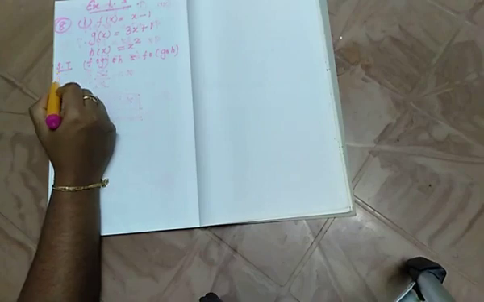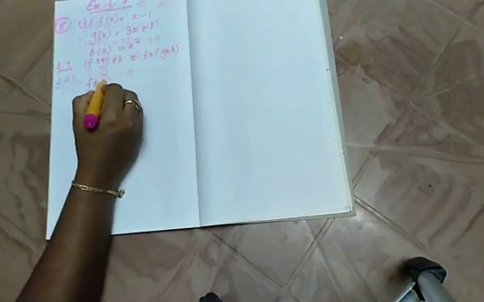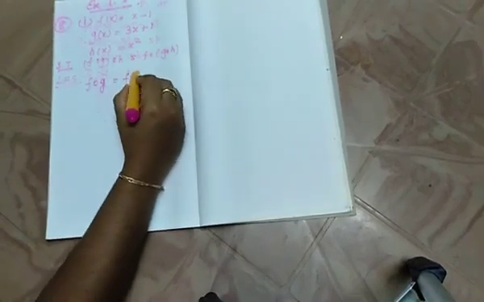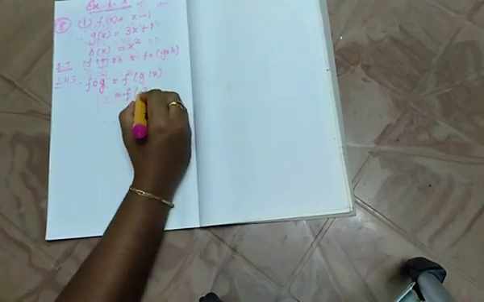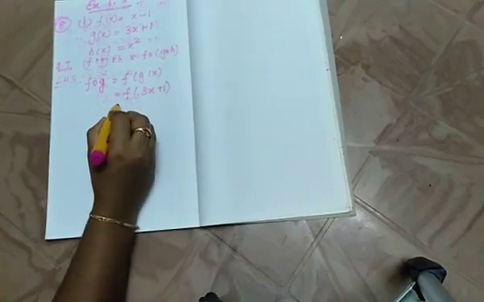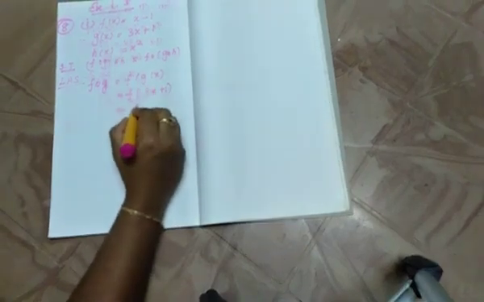Okay, let's check it. So before moving into the whole, first find out the bracket, that would be easy. So left hand side, what is your bracket term is? Yeah, f of g, which is equal to, we can write f of g of x. F of, what is g of x? Yeah, 3x plus 1. Now f of x is x minus 1. So here in the place of x, 3x plus 1.